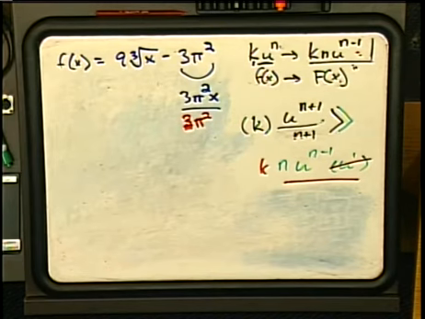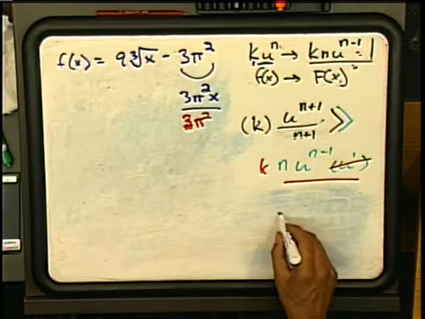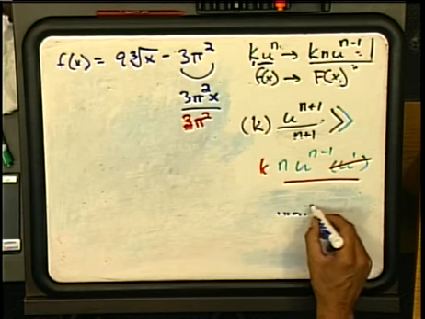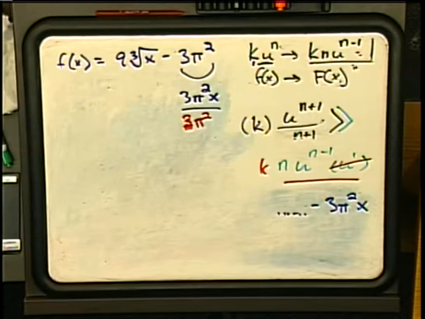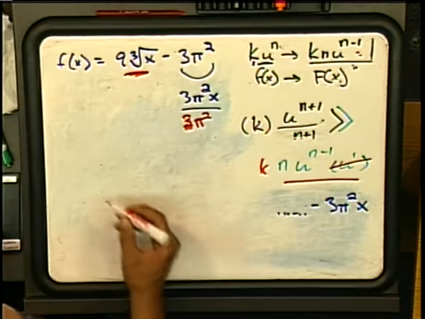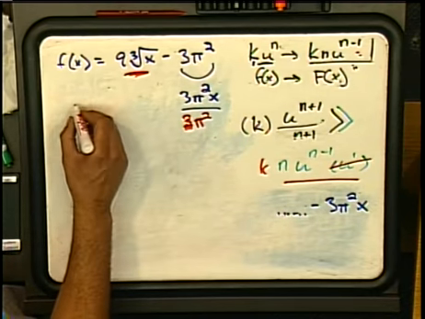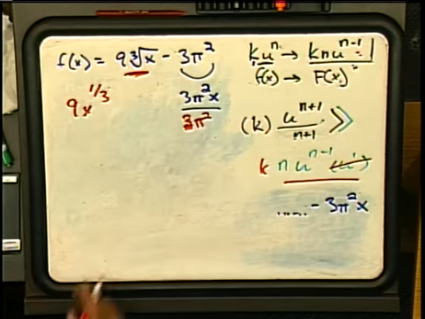So we got that part of the problem. It'd be negative 3 pi squared x. For the first term, 9 cube root x, you could rewrite that as x to the 1/3.